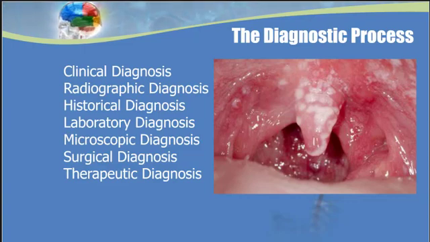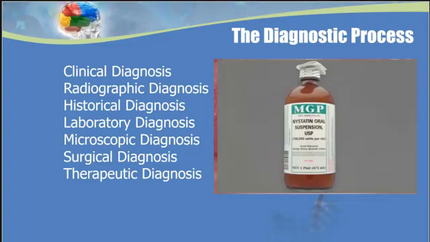So remember I said that erythroplakia should get your attention, but in this case, let's pretend the patient's taking an immunosuppressant and we highly suspect a fungal infection. We can prescribe a mouth rinse called nystatin, which is a potent antifungal, and have the patient return in 2 weeks. If that lesion is gone, then we've made a therapeutic diagnosis.